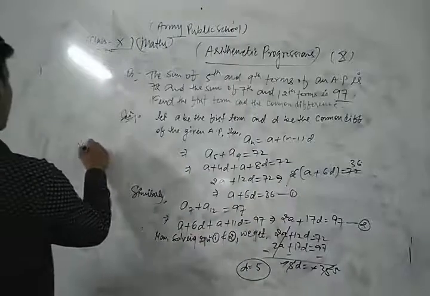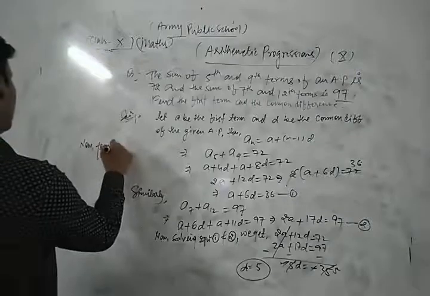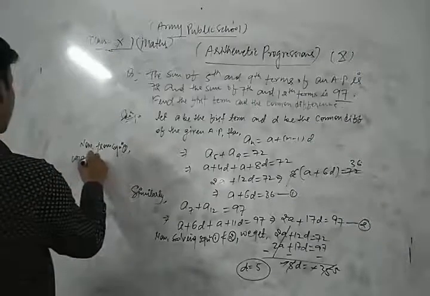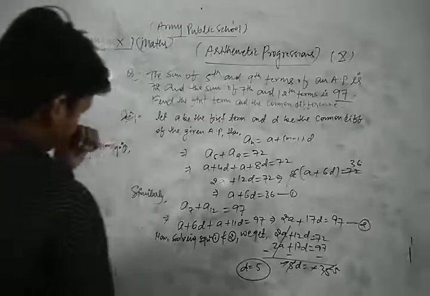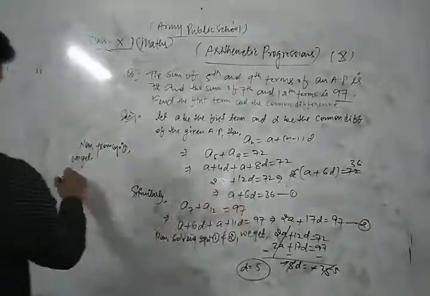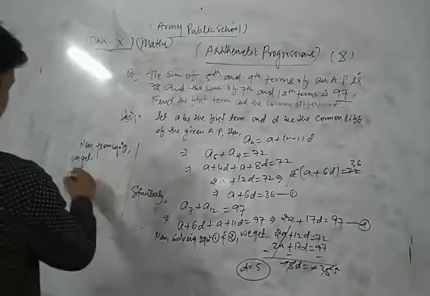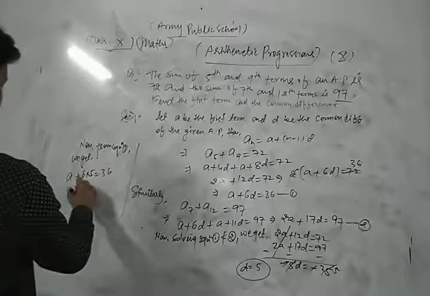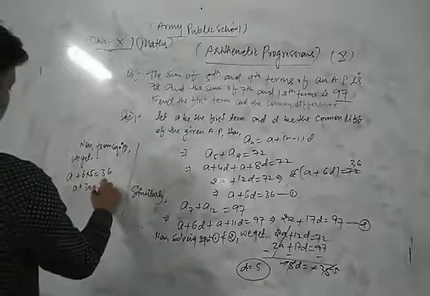Now we put the value of D in equation 1. From equation 1, we put D as 5. So A plus 6 into 5 is equal to 36. So A plus 30 is equal to 36.